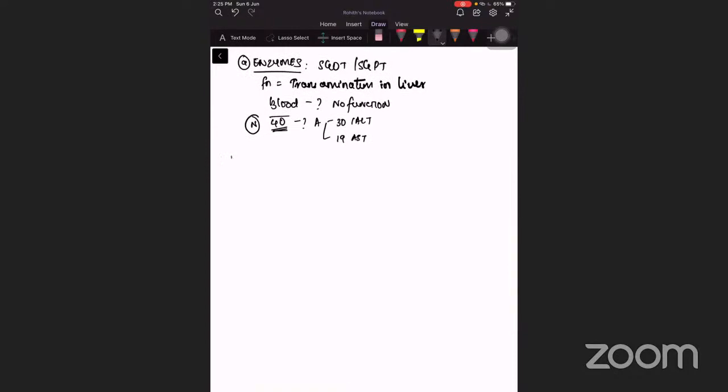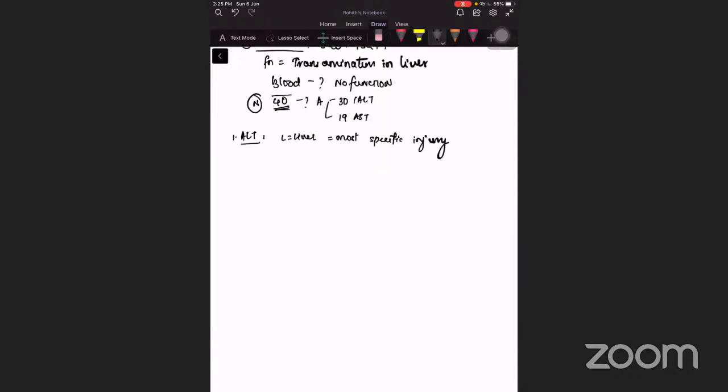So coming to a single enzyme, which is ALT, L equals liver. So this is very specific for liver injury, more specific for injury compared to the AST. So what is the importance of ALT?